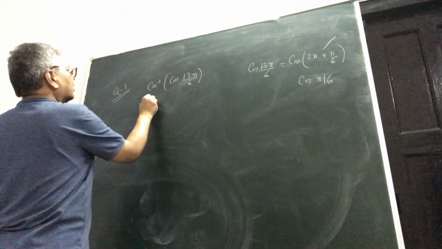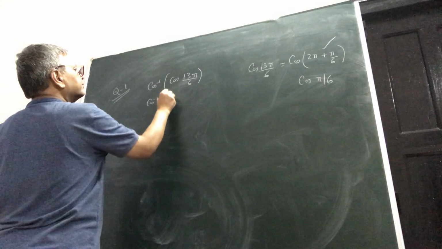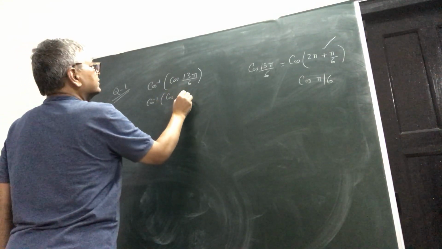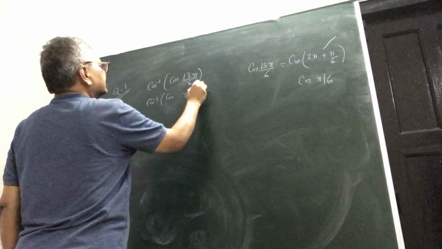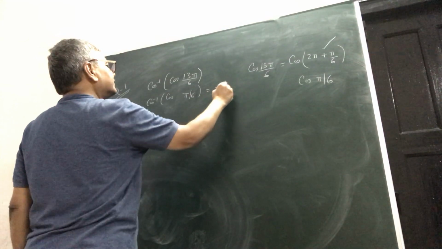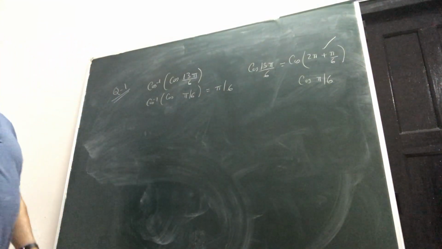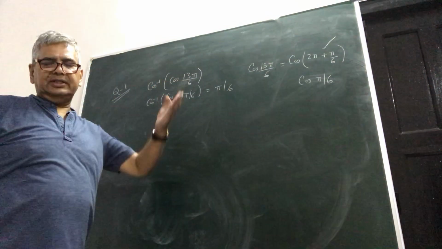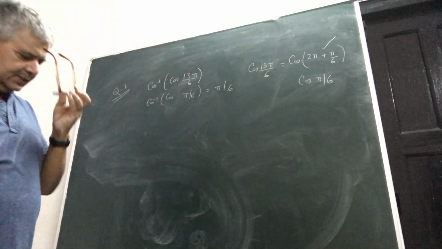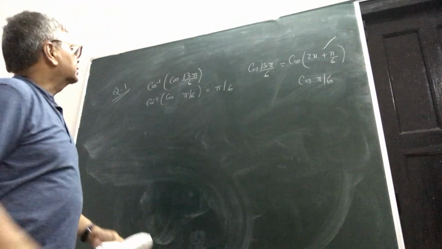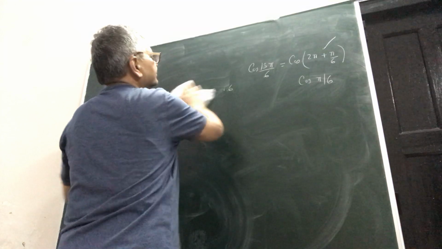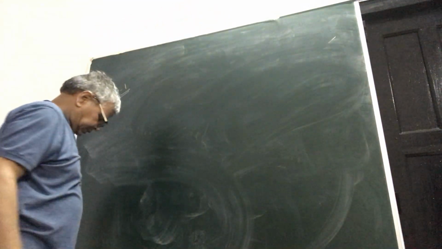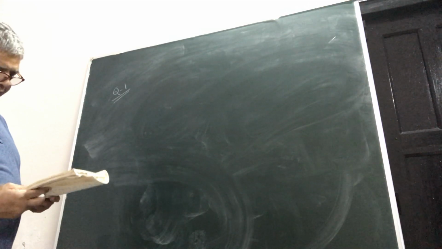So it is cos inverse of cos of pi by 6, which is pi by 6. That thing only you have to ensure, that you remain within the respective principal branches. That's all. This was question number 1. Similarly, question number 2, you can do on your own.